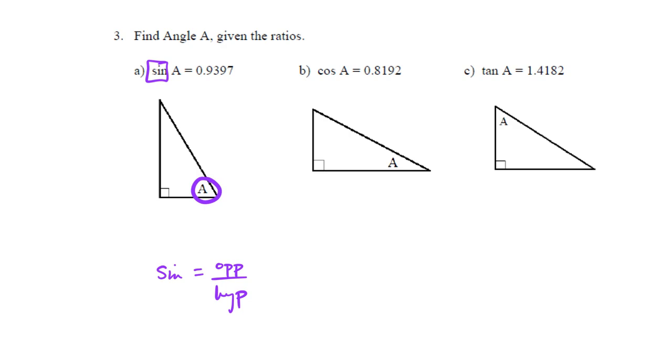That tells me if I took the opposite side and divided it by the hypotenuse, I get that decimal. Well, if I know the way my sides compare, then I should be able to go backwards and figure out the angle that would give me that. And we're going to use our calculator to do that. Okay, since I'm going backwards, that's going to require a different keying sequence.